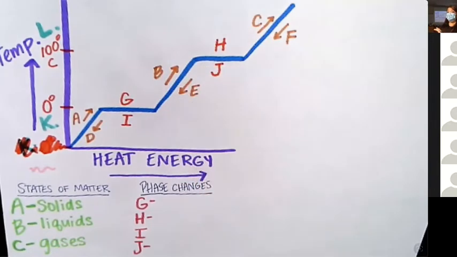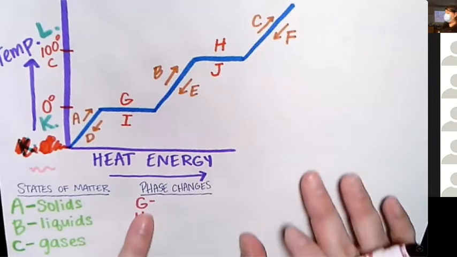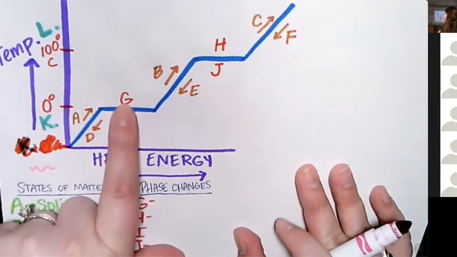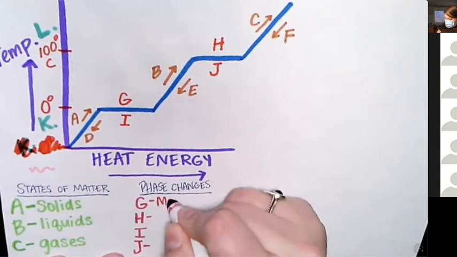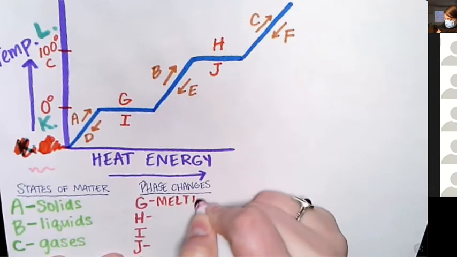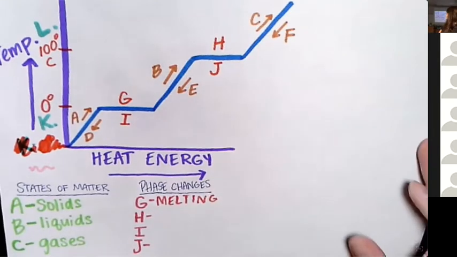So if you start with ice and you end up with regular liquid water, what process happened? What did the ice do? It melted. So phase change where G is, this is melting. Okay, melting.